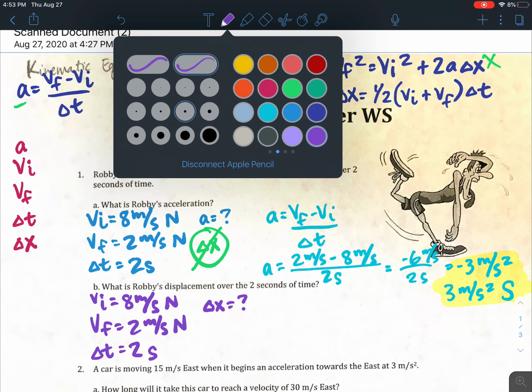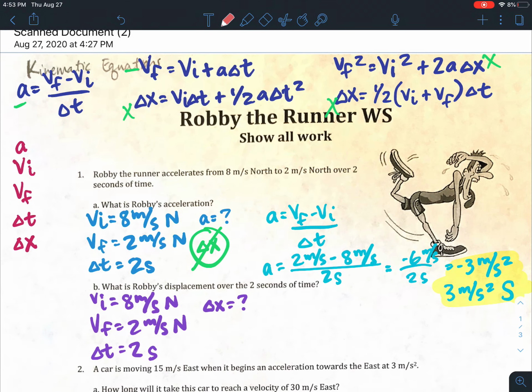So the one that we don't have in our equation is A, right? And we're going to pretend like we didn't just find A. The reason for that is that if you happen to find it and you do it wrong and then you use it in the next problem, it's going to mess up the next one too. So right now, while we don't have to use it, let's not.